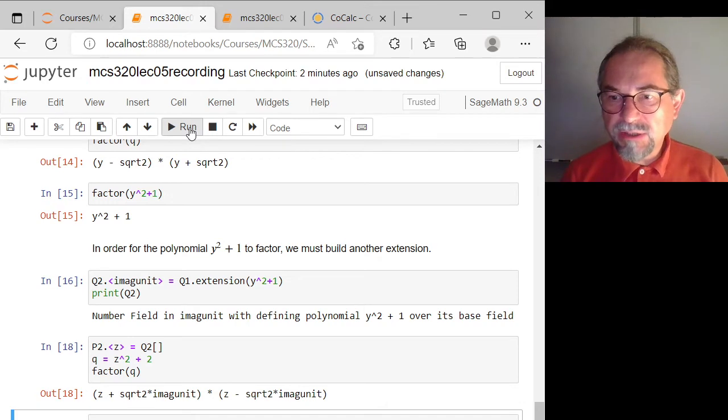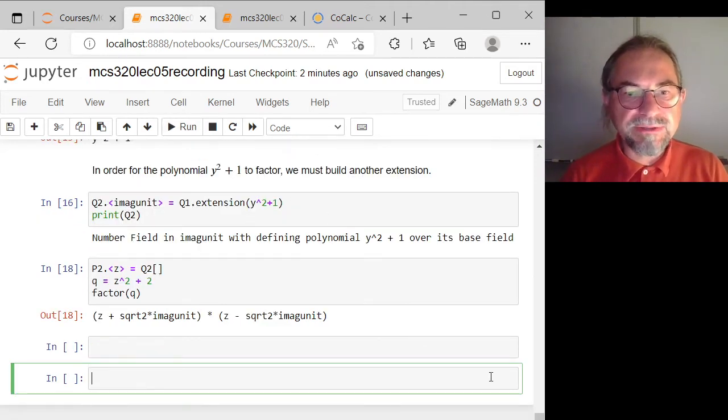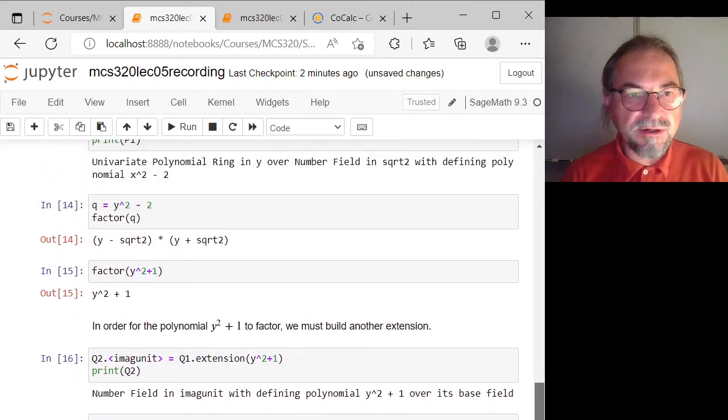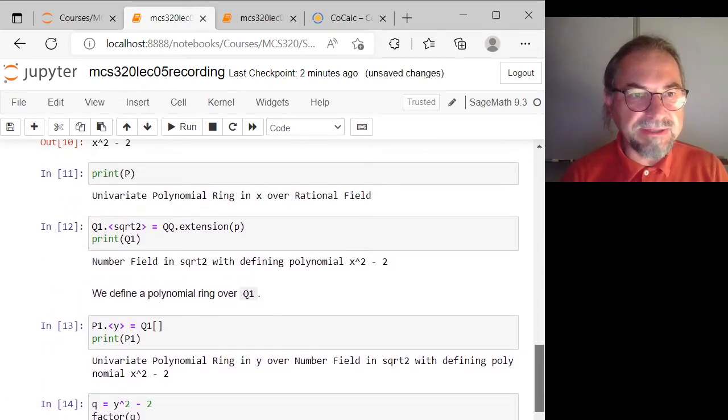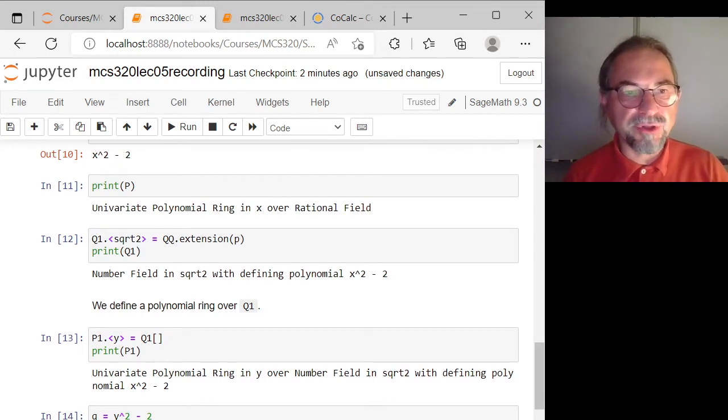Okay, to summarize, and this lecture actually goes very well, I prepared it well. We start from a base field, so we started here with the field of rational numbers and a polynomial that doesn't factor. There are two types of symbols. There are the symbols that we use for the roots.